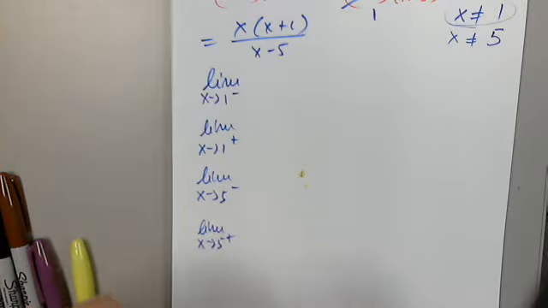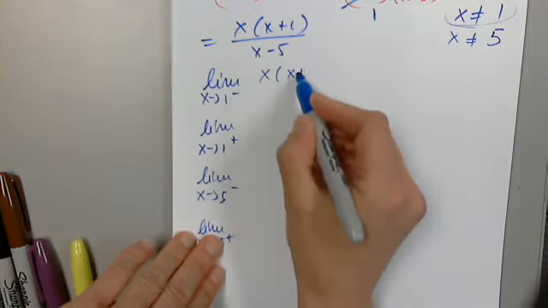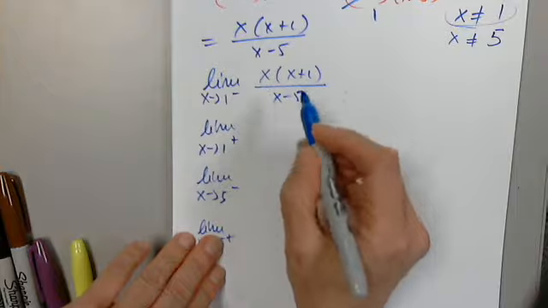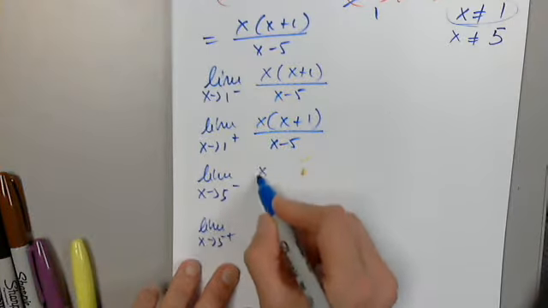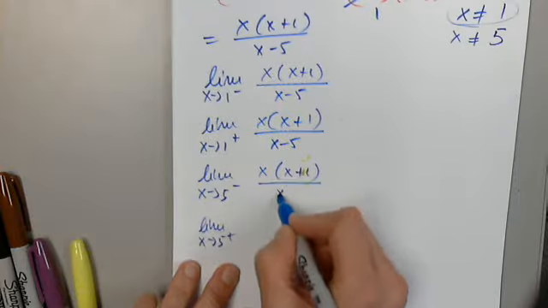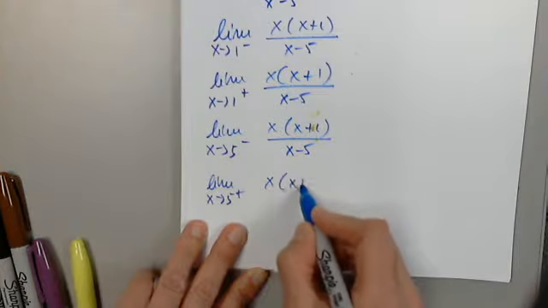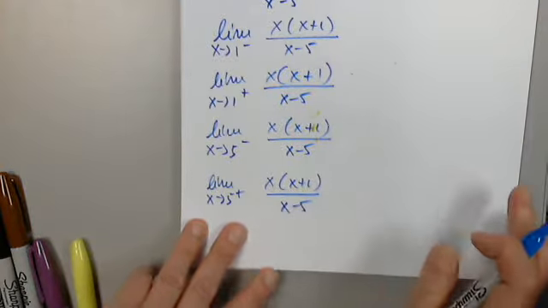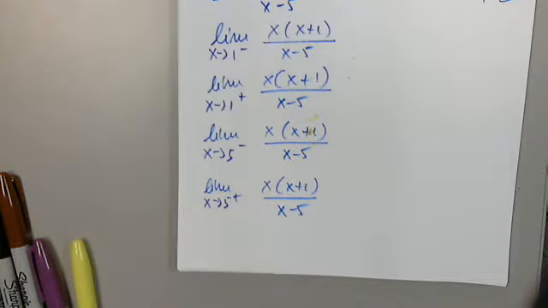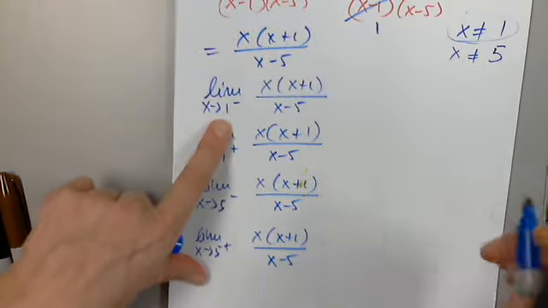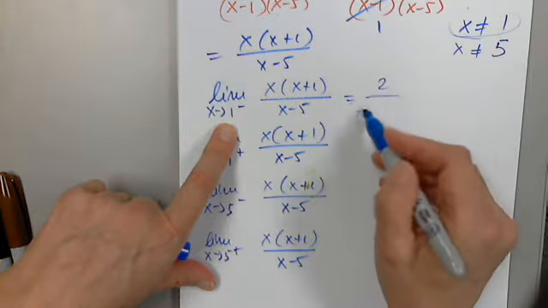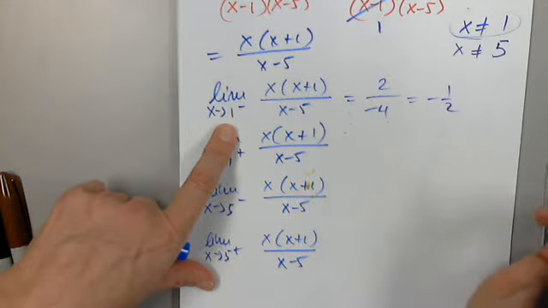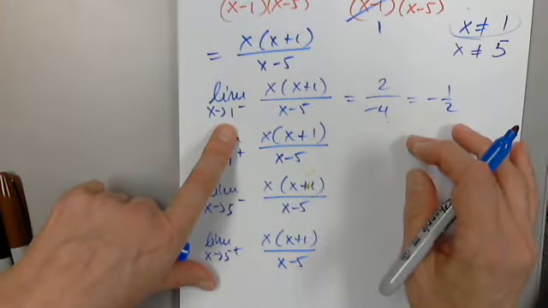Okay, so we have x plus 1 over x minus 5, x plus 1 over x minus 5. So when I plug in 1, what do I get? 2 over negative 4, which is negative 1/2. Exactly. This is not infinity.